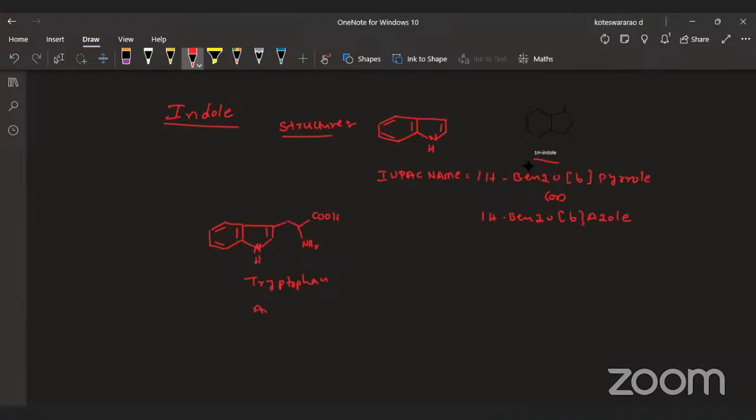Tryptophan is an amino acid. Sources of indole: tryptophan is an amino acid, and indoleacetic acid is the plant material. Indoleacetic acid.